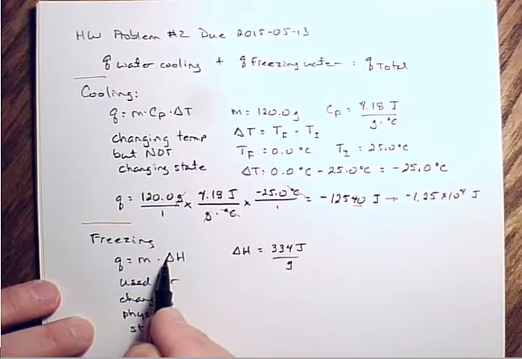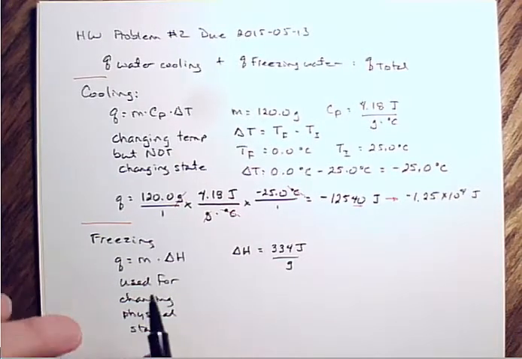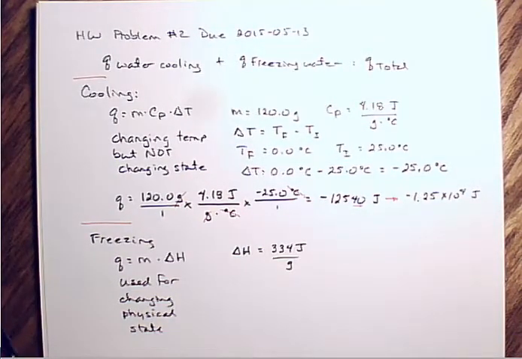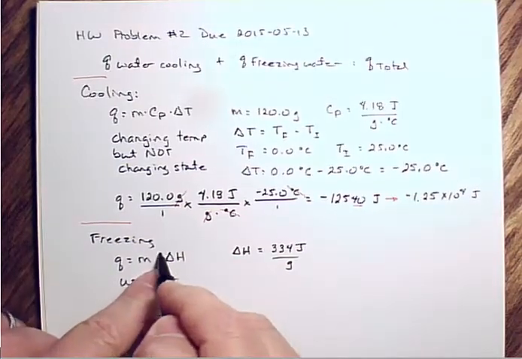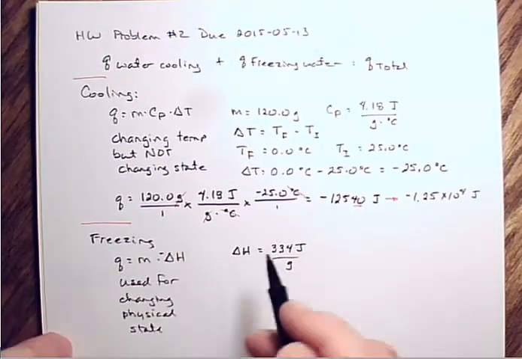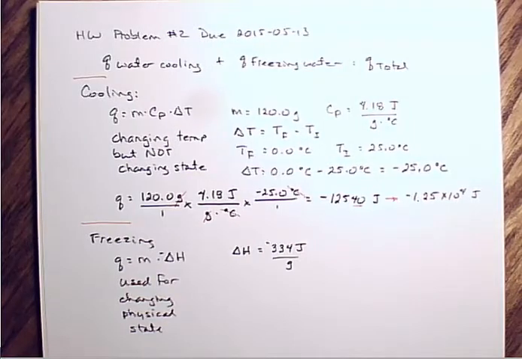Now, in this case, we are freezing, which means energy has to be removed, which means that delta H has to be negative. Okay? So this value is going to be negative. All right? Does that make sense to everybody? Because you're removing energy, delta H in this case is going to be negative. If you're adding energy, delta H is going to be positive.